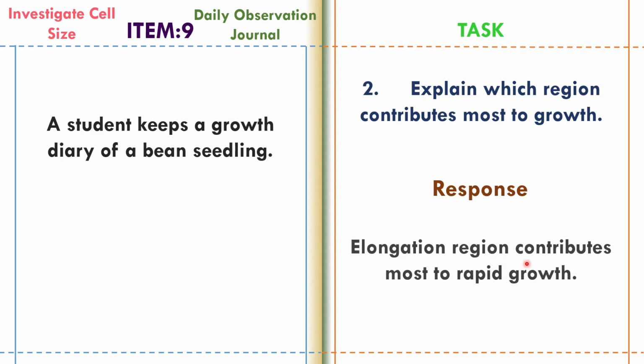The increase in height corresponds to cell elongation. The elongation region contributes most to rapid growth.